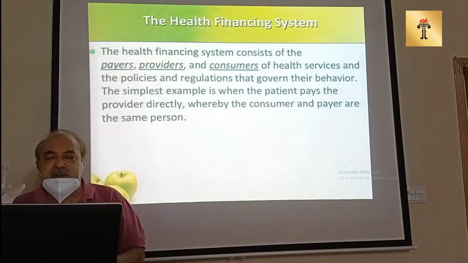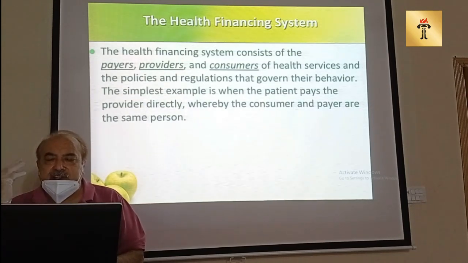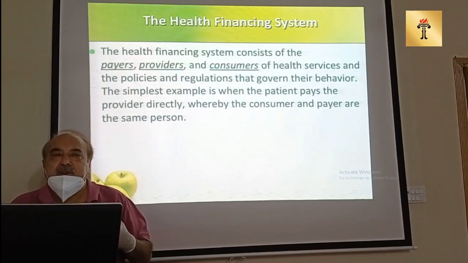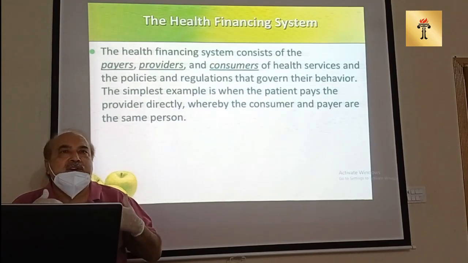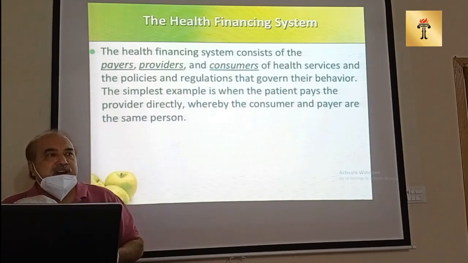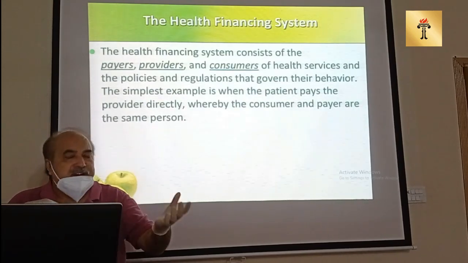The simplest example is if the patient pays the provider directly, whereby the consumer and payer are the same person. I go to a doctor's clinic, I take advice and I pay. Now I am a consumer and a payer.